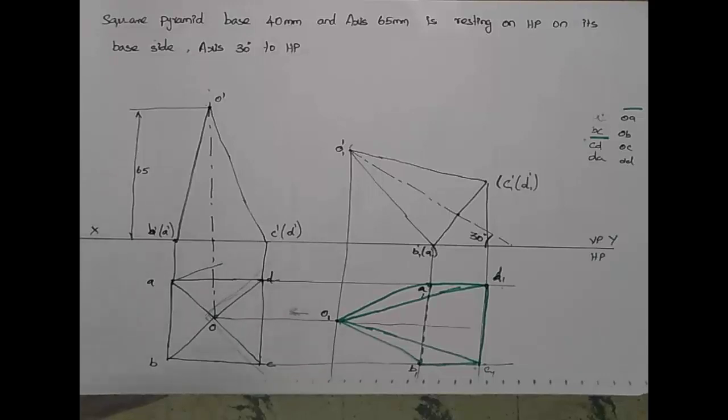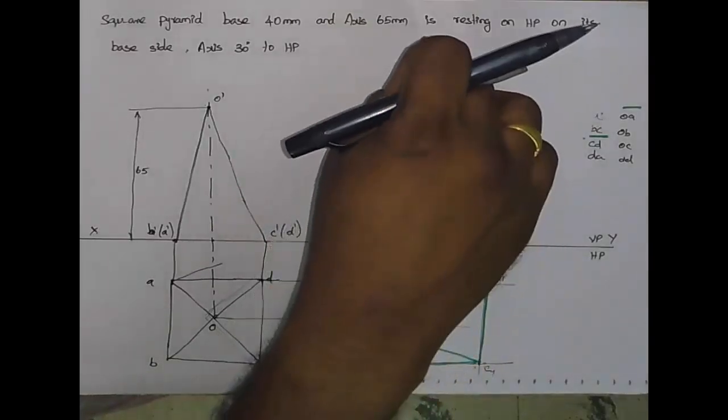All other edges will be invisible. For a pyramid problem, the method slightly differs from the method we follow in the prism. The thing is where you are going to put your arrow mark. For a prism, if my final drawing is here, you will put the arrow mark in the top. If my final drawing is here, you will put the arrow mark in the bottom.